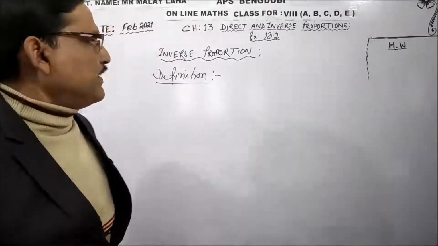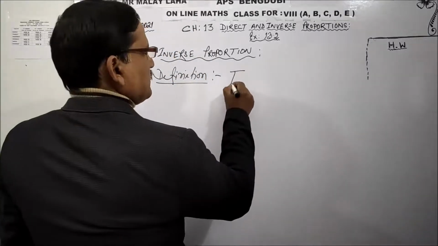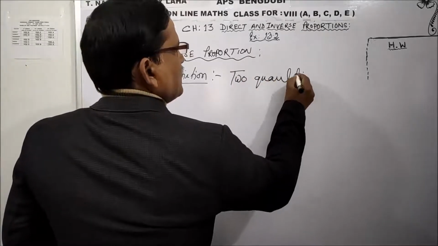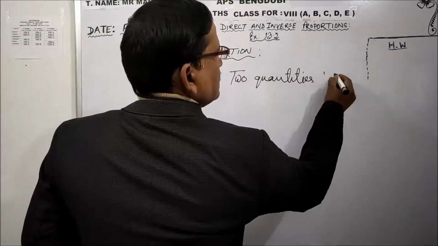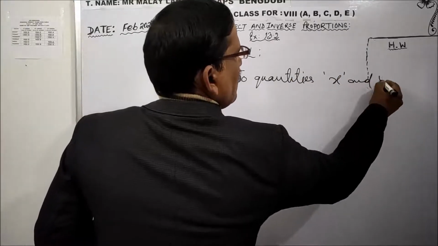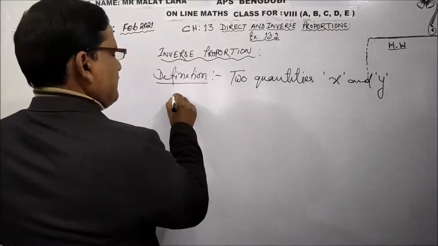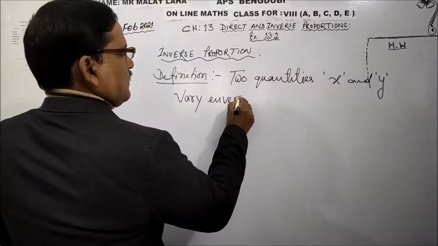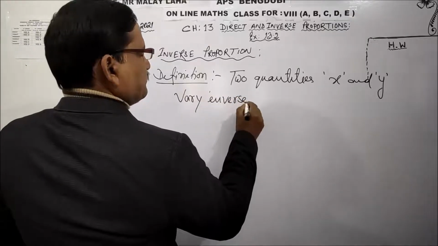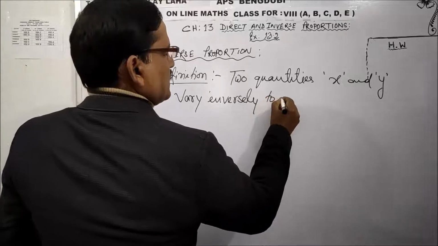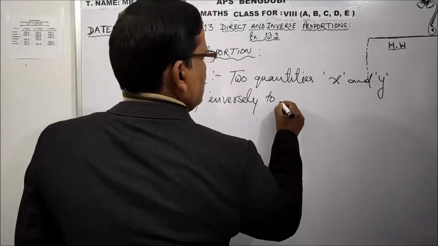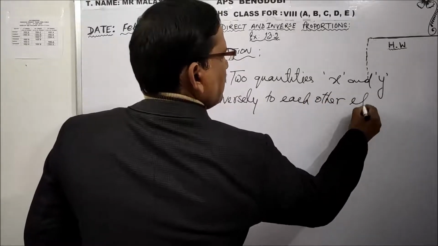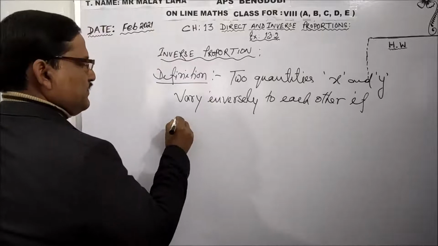Now I will define it. Two quantities x and y vary inversely to each other if the product of the two quantities remains the same.